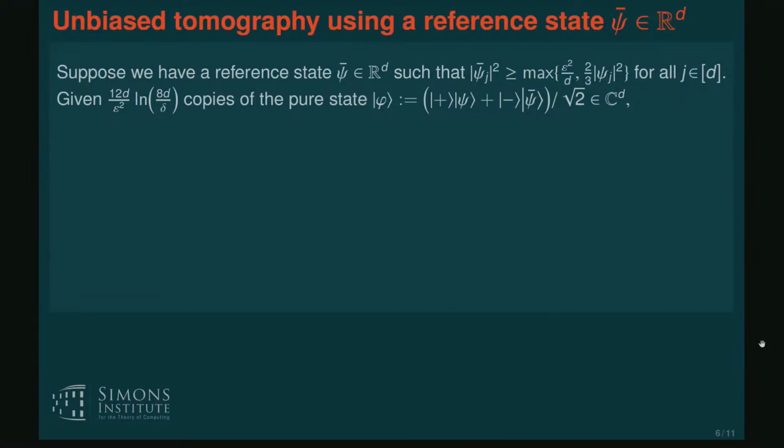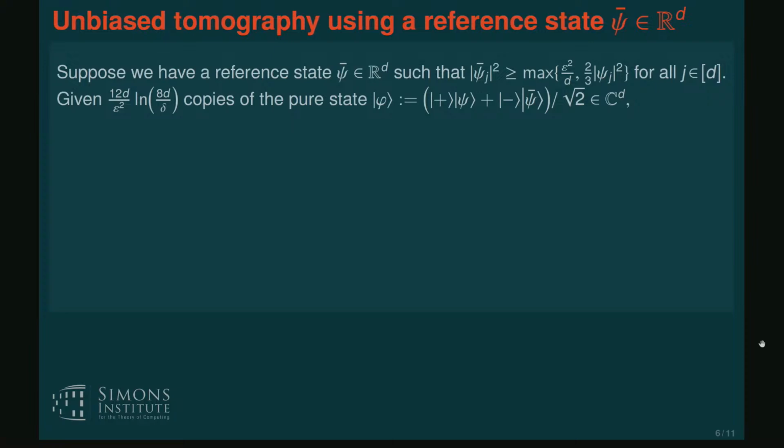This reference state I could just, for example, obtain using the first algorithm, the computational basis measurements. I just get a good estimation of the absolute amplitudes, and I use that here. So it will be a state that is close to the absolute values of my true state, and then this inequality can be satisfied.